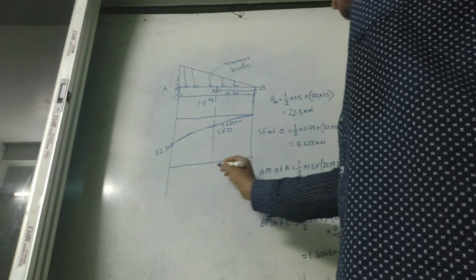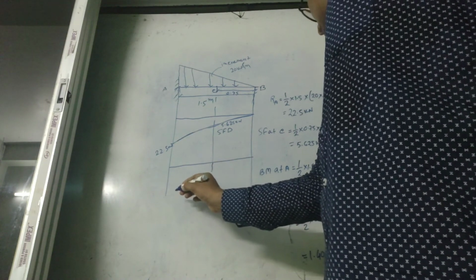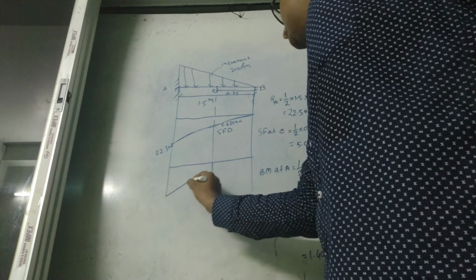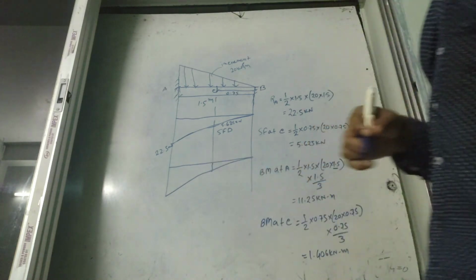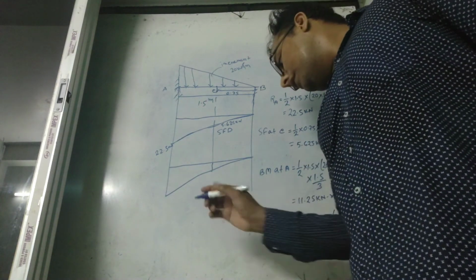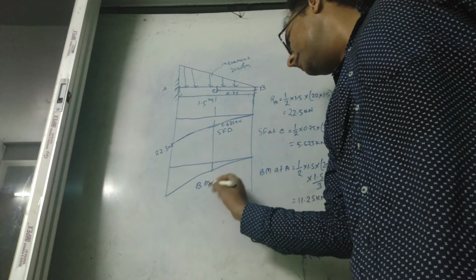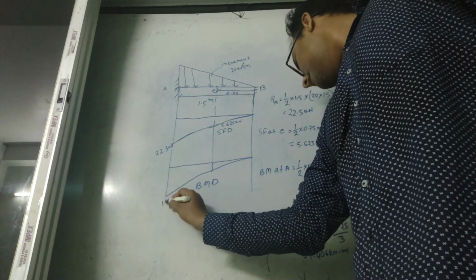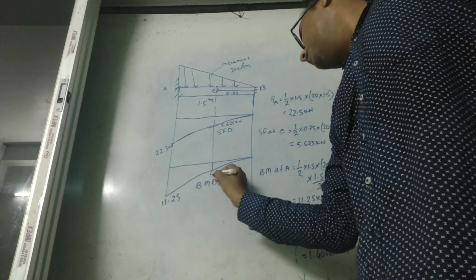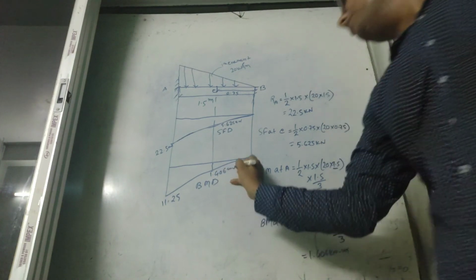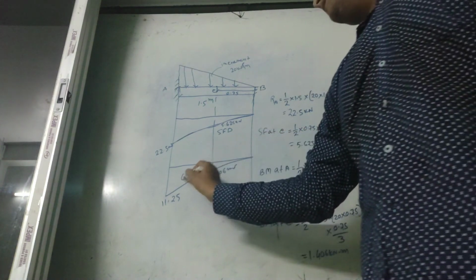Okay, now I draw the bending moment diagram. This is the 1.406 and this is 11.25. Both are the same in the sense of shape, not in value, BMD and SFD: 11.25 and 1.406 kilonewton meter, negative.